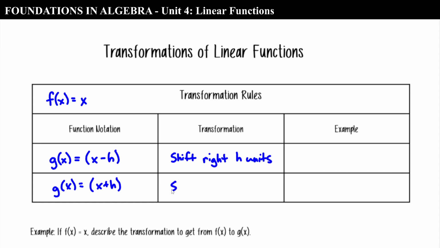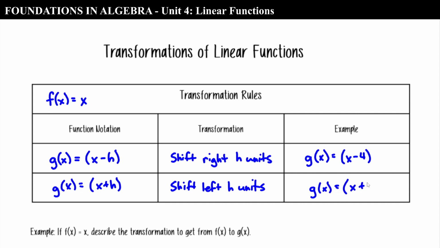If you have a plus, you have a shift to the left h units. So an example of how this would look: a shift to the right by 4 units would look like (x minus 4), in parentheses. A shift to the left 7 units would be (x plus 7).